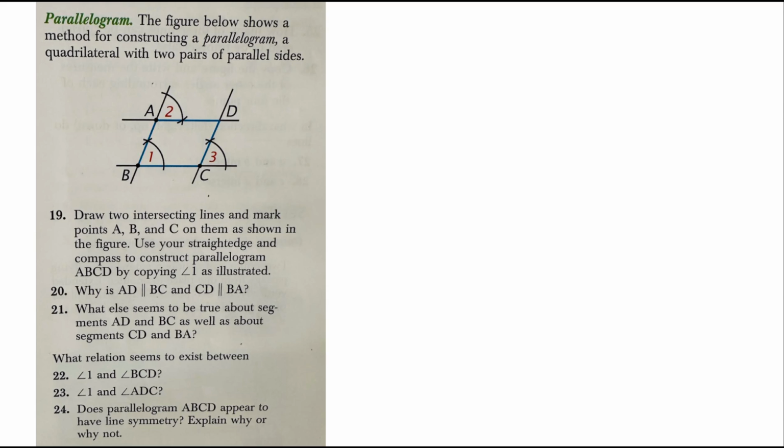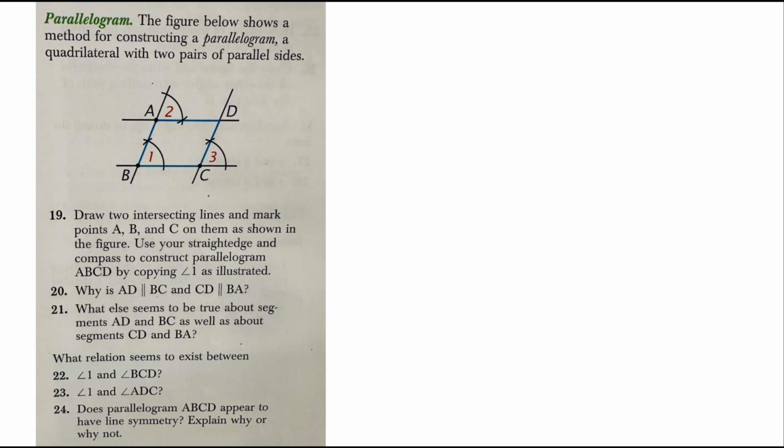So let's look at this. Draw two intersecting lines and mark points A and B and C on them as shown in this figure. So basically you're going to copy this figure. Use your straightedge and your compass to construct a parallelogram ABCD by copying angle 1. Okay, so first you're going to draw BC.